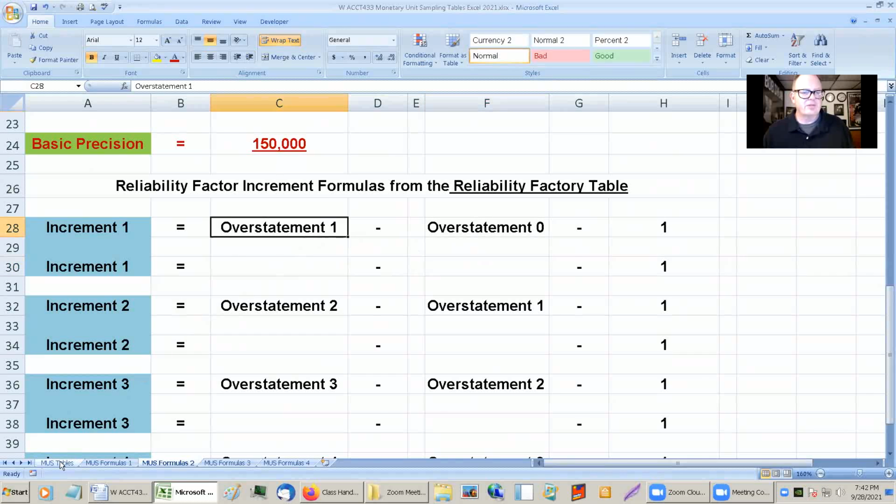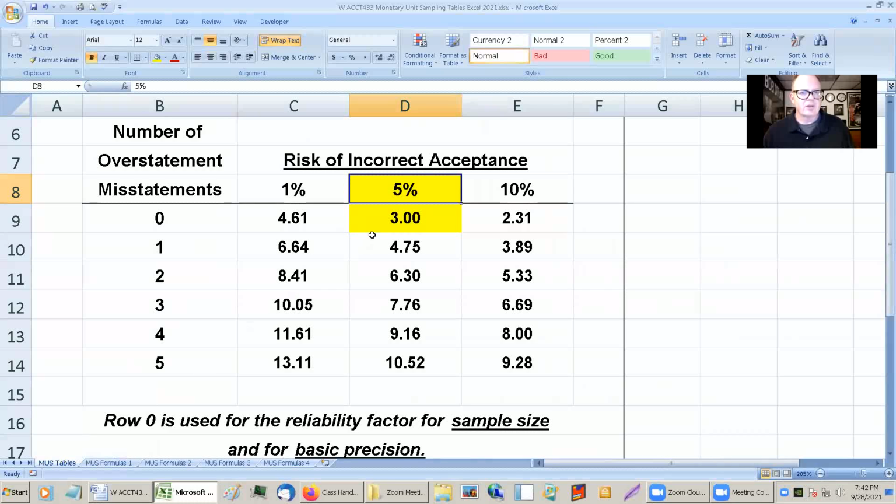Okay, so here's where we're at. We're going to use these. At 1 overstatement, it's 475. At 0, it's 3.